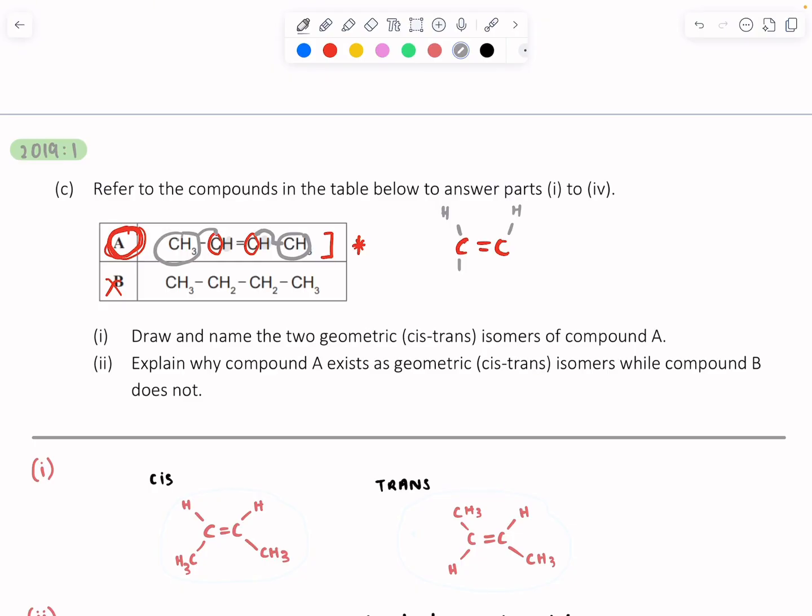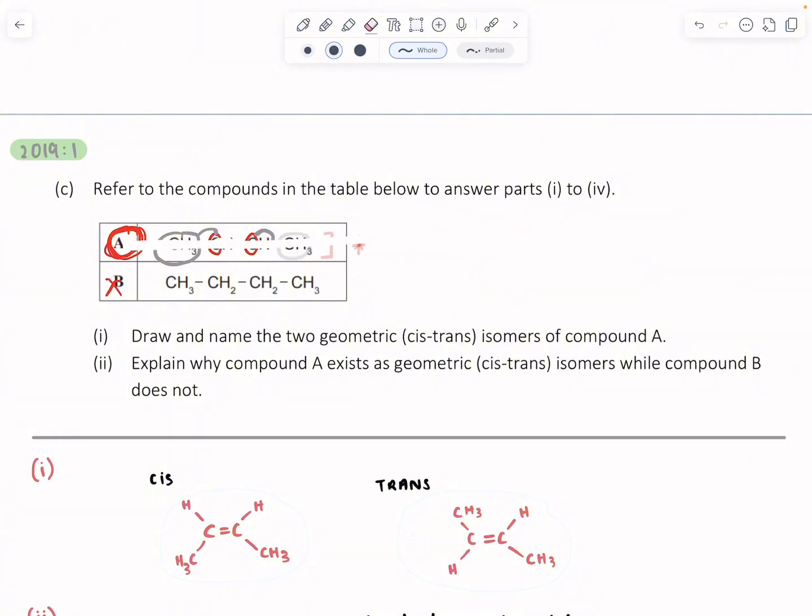It's all right if you didn't quite get there. This is all good learning for next time. So I've got these carbons bonded to the CH3 groups, which are on the same side of this double bond over here in the horizontal plane. And so that is the cis isomer of this molecule.